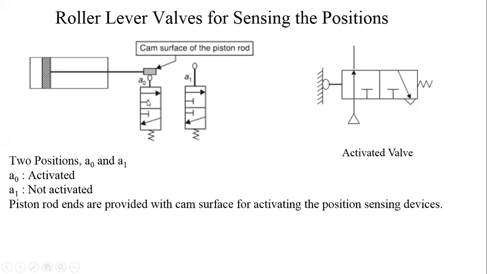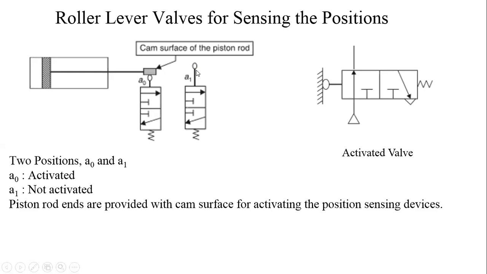Now this is activated means what? If we refer to this as the lower position and this as the upper position, it will be activated. Therefore supply will go from this port to this port. It is connected from this port to this port. Right? Now the piston rod will start traveling and will move towards the completion of the extension stroke.